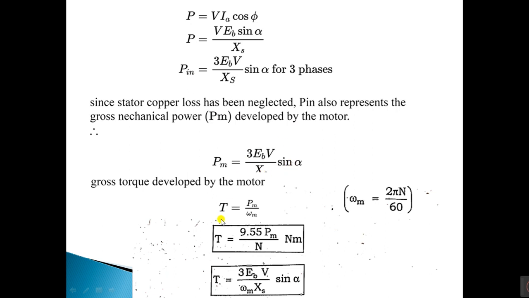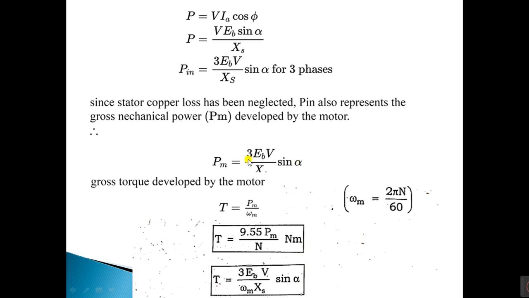We know the torque equation T equals Pm by omega m. Omega m formula is 2 pi N by 60. Apply 2 pi N by 60 here, that is Pm by 2 pi N by 60. If you simplify, you will get the expression 9.55 Pm by N, which is the torque equation of the synchronous motor. Or we can get another format.